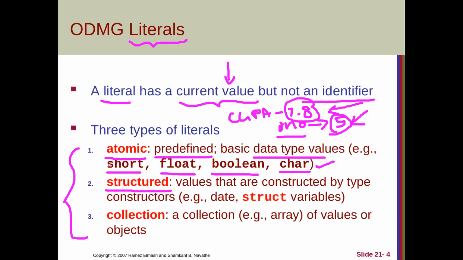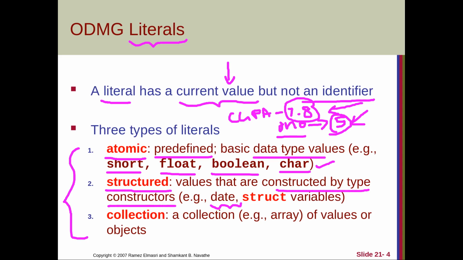It is a current value constructed by various other type constructors, for example a date, which is a value created by taking the day, month and year, which has further structure. It is not a single value without subdivision. That is why it is called structured type literals.